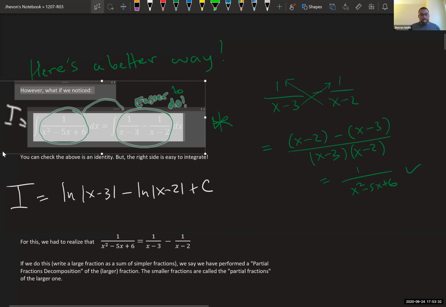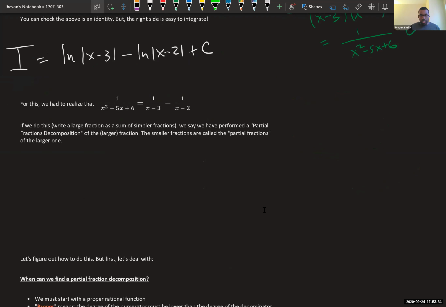So that's what's called partial fractions, when we actually take a big fraction and we break it up into a sum of smaller fractions. These guys are called partial fractions.